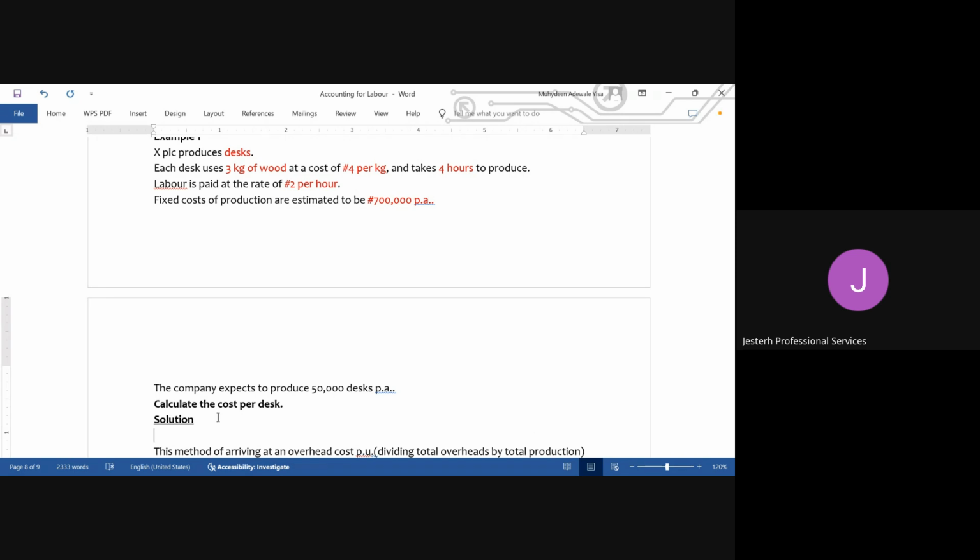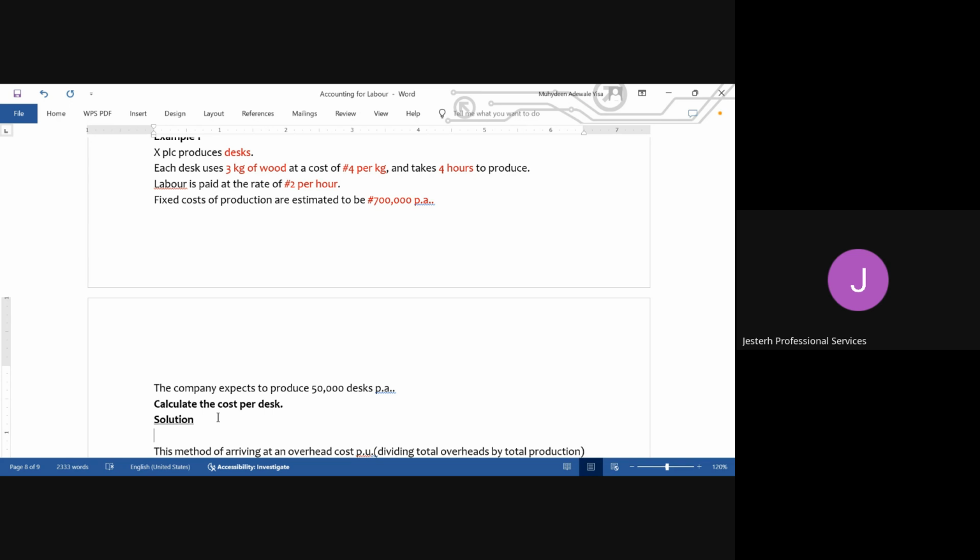So now, solution. The first thing that will come to your mind whenever you want to determine a cost for any production is that it usually involves 3 things: the material involved, the labor involved, and then the overhead costs involved to carry out those productions or level of activities.